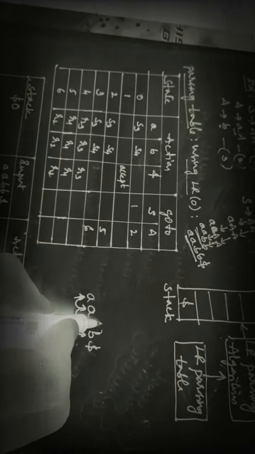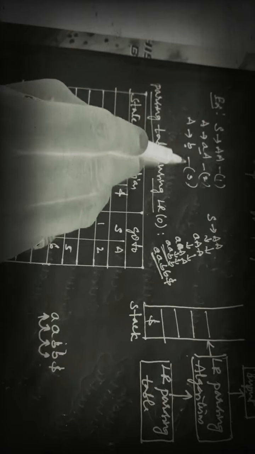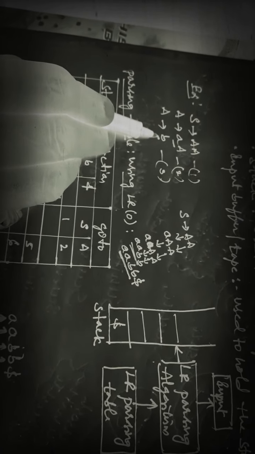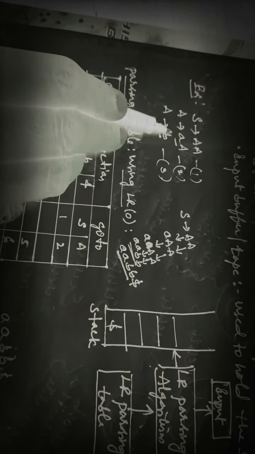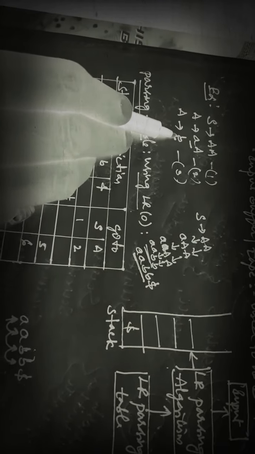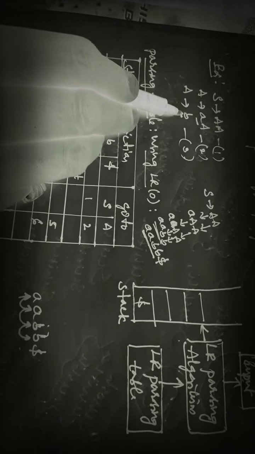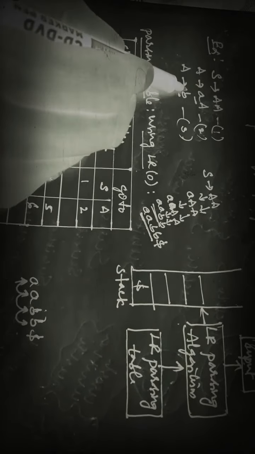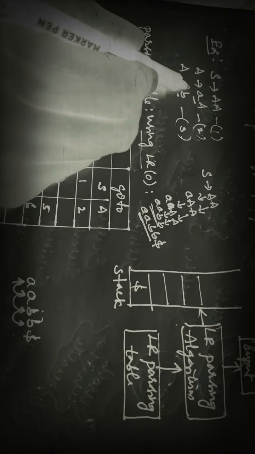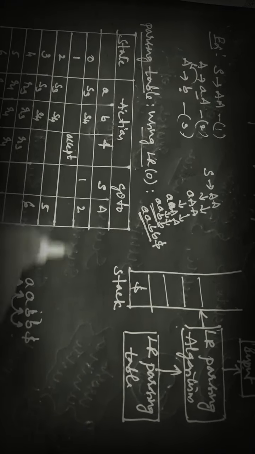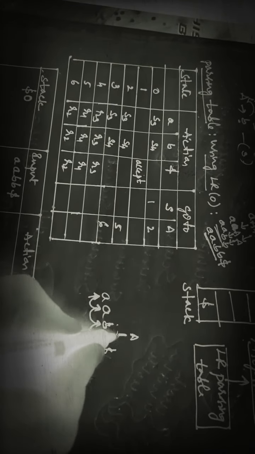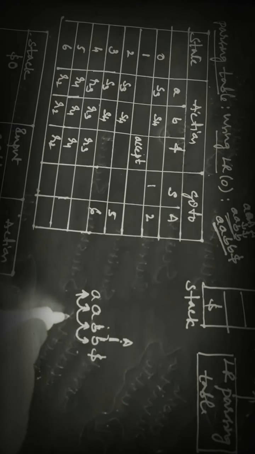In which production is this input symbol B present in the right side body? Here in production number 3. In production number 3, the right side body contains only one terminal B. So this B is going to be replaced by the left side variable, that is, here I am replacing B by A.